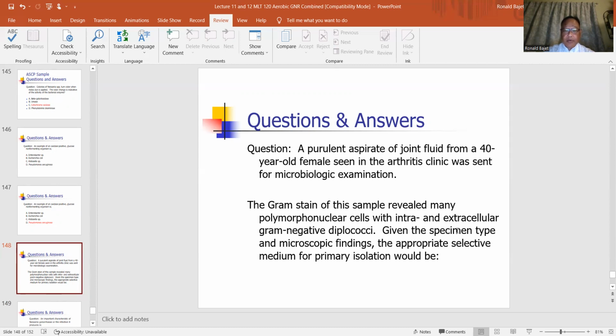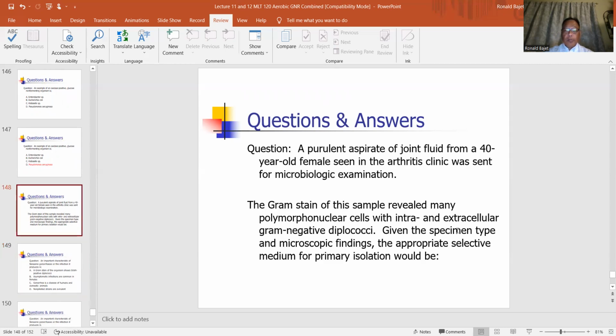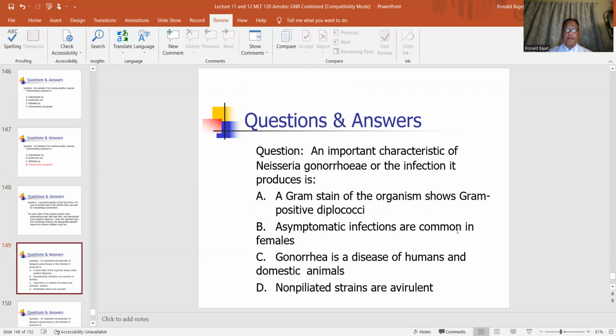Given the specimen type and the microscopic findings, the appropriate selective medium for primary isolation would be, actually, there's no choice. Selective media would probably be modified Thayer-Martin.